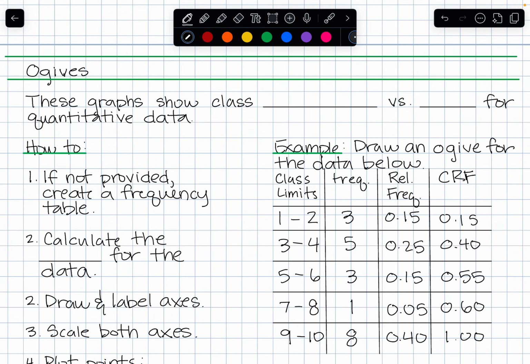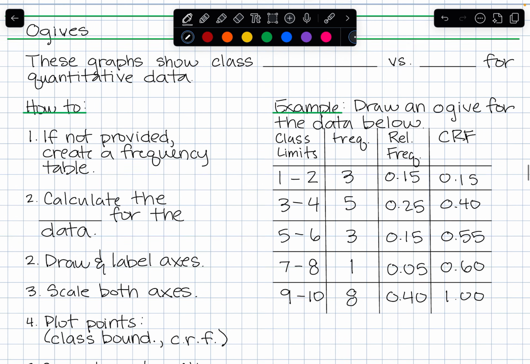In this video, we're going to talk about another type of graph called an ogive. You'll notice you see that frequency table we've been using for the last two videos for histograms and frequency polygons. Ogives are a related type of graph.